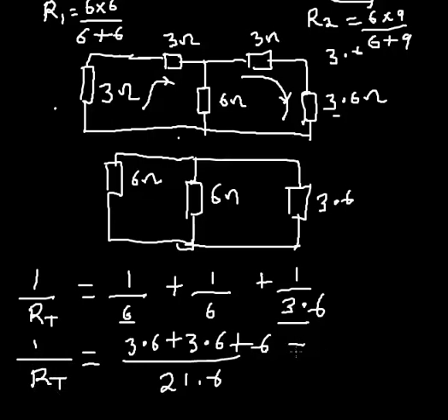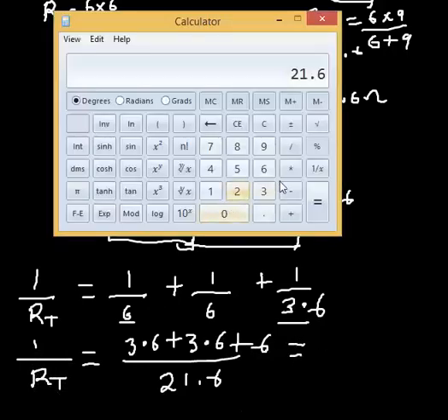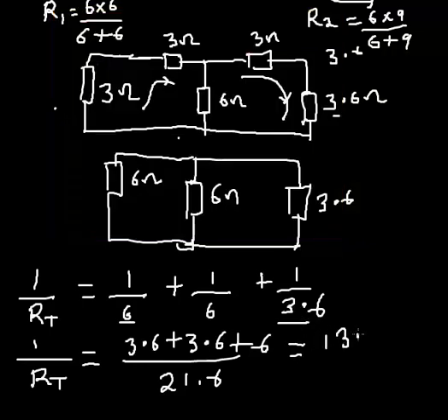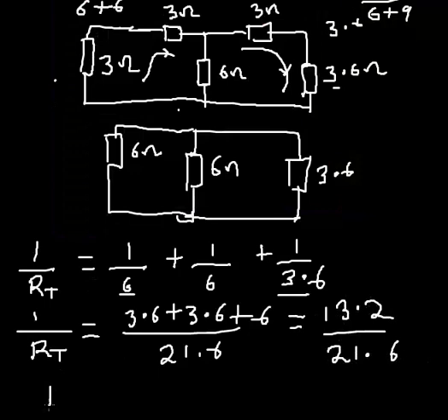So let's add that up. 3.6 plus 3.6 plus 6. That's 13.2. 13.2 all over 21.6. So I have to now reverse.